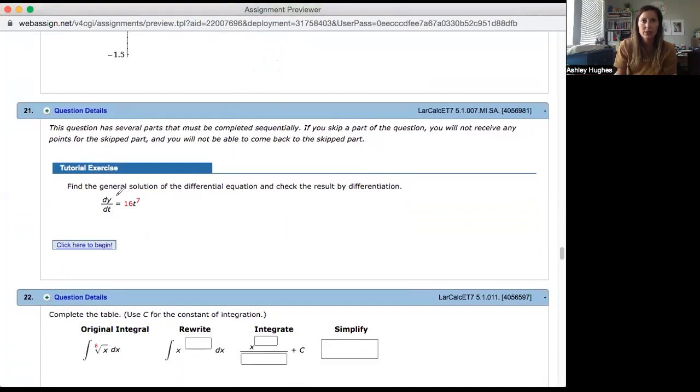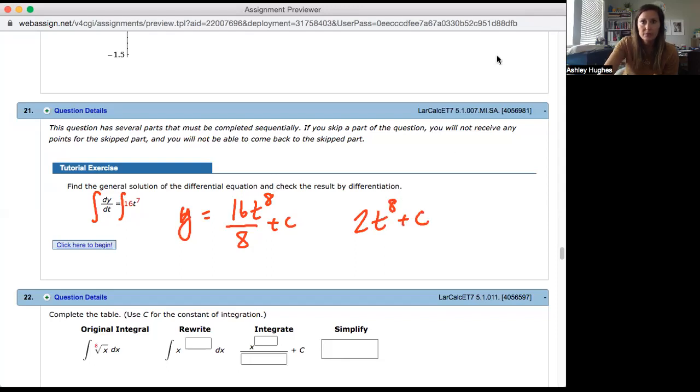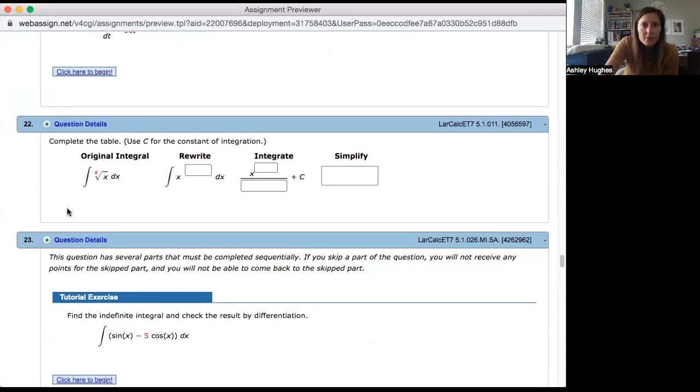Okay, the antiderivative of this would be t to the 8th because you add 1 and divide by it. So it'd be 2t to the 8th plus c. And if I rewrite this, that would be to the 1/8 power.